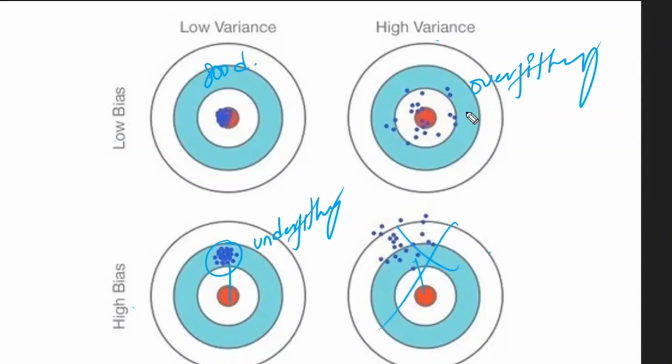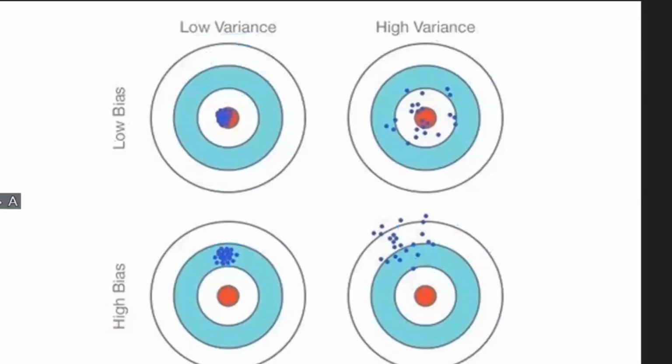So no need to discuss this one. We require models which give good train accuracy and good test accuracy, almost close to each other. So simply, in the interview, they will ask what is meant by bias variance trade-off.